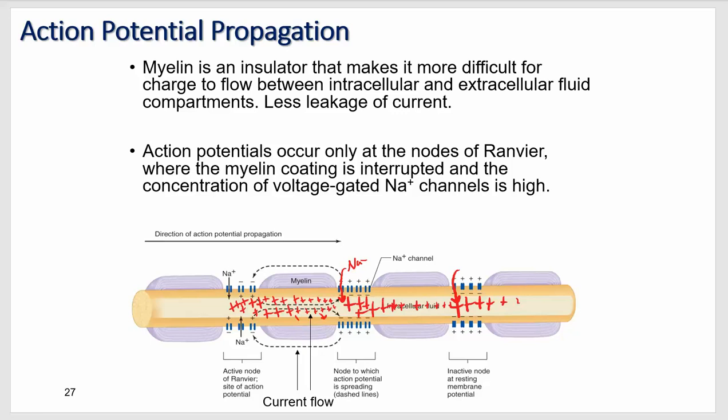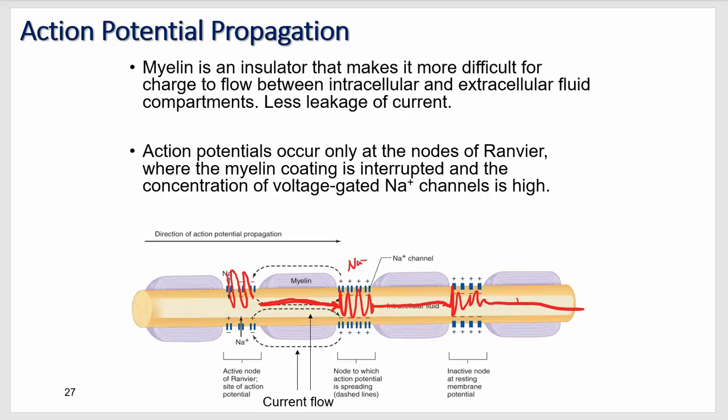And this current flow that happens here, I'm going to erase all that. If I said the action potential is slow, depolarization, repolarization, depolarization, kind of like that, under this myelin, you just have current flow that's very fast. So it's fast, and then it's depolarization, and then fast, fast.